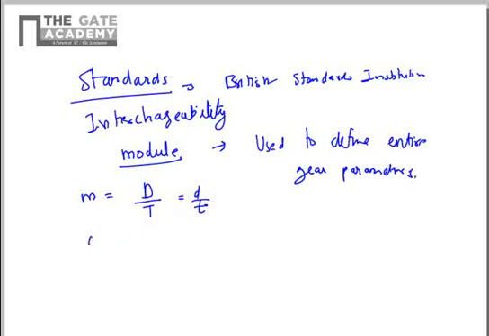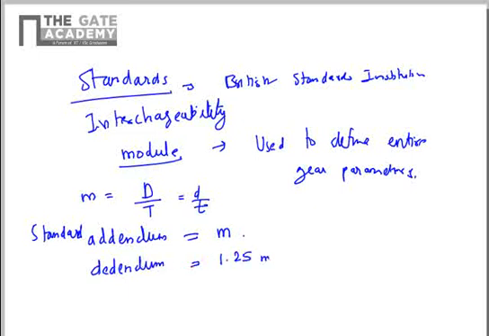And the standards defined are that the standard addendum for any British Standard Institution teeth will be equal to module, the standard dedendum is defined as 1.25 times module, and the standard pressure angle is defined as 20 degrees.